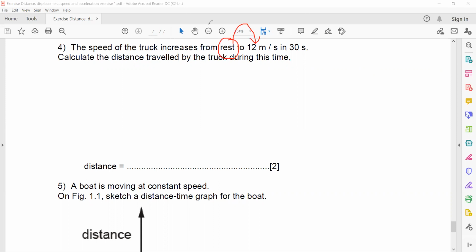If the question had mentioned that the speed of the truck is 12 meter per second for 30 seconds, then I could directly use the formula distance is speed multiplied by time. I don't have to calculate an average because the speed is not changing. But if there's a change in speed, I have to substitute an average speed.